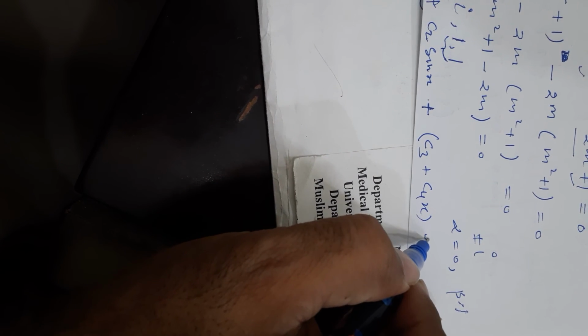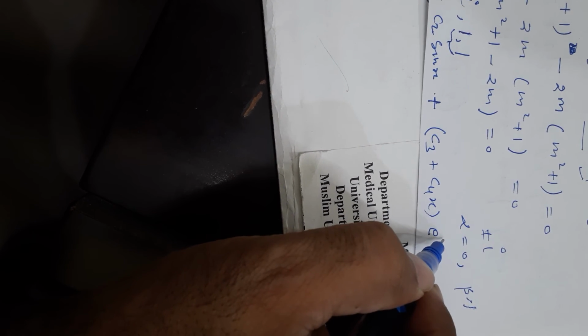Here we use c1, c2 and we start from c3, c4 x. This comes from case number second, when roots are repeated. The repeated root is 1, so we write 1·x, and this becomes e^x. This is the solution of the given differential equation.